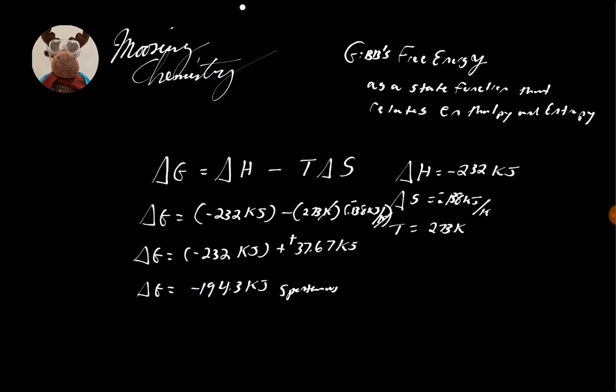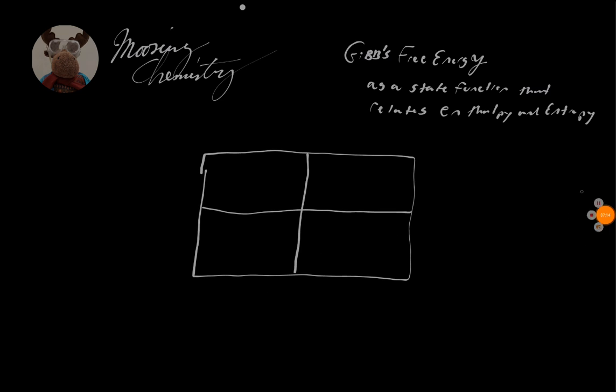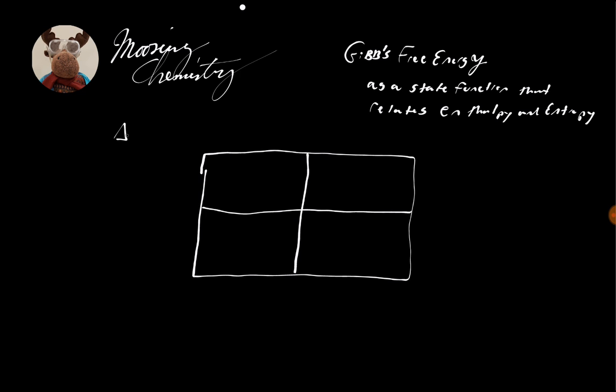Now there is a table that we can set up that would tell us whether delta G is going to be spontaneous. So I'm going to clear the board here for a moment and give you that table. How do we know when delta G is going to be spontaneous or non-spontaneous? Remember that delta G is Gibbs free energy, and it's a state function that relates enthalpy and entropy.